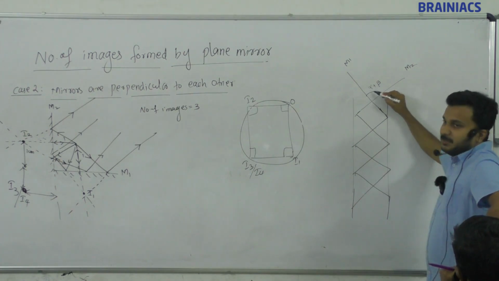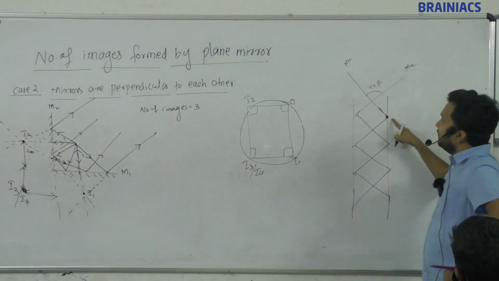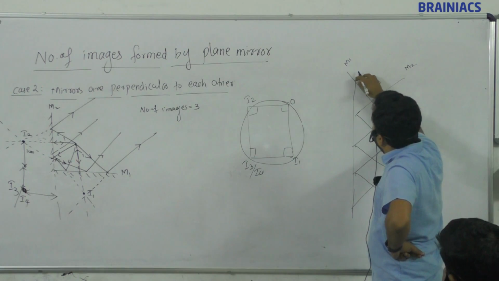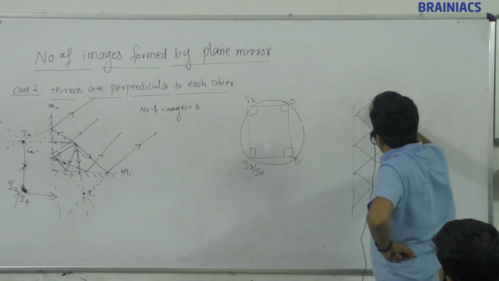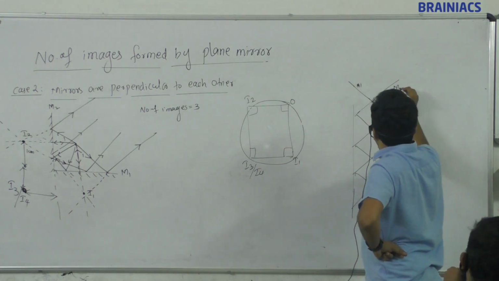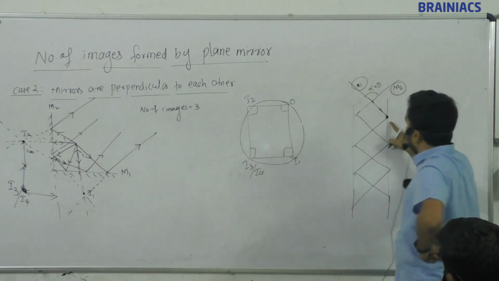So this is alpha plus beta. This is two mirrors. You can put M1 here and M2 here, and the angle is alpha plus beta. This is the M1 line.